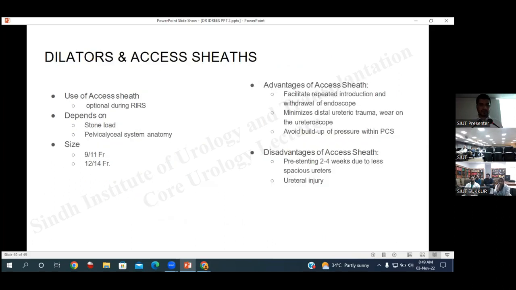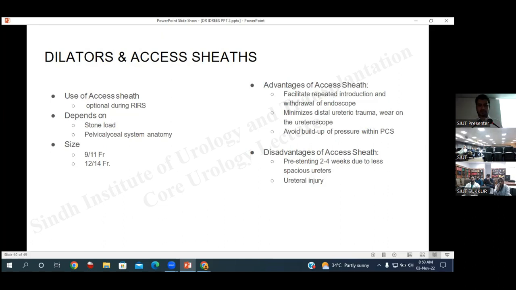Now, dilator and access sheath. Use of an access sheath is optional during RIRS. It depends upon the stone load and pelvicalyceal system anatomy. The sizes are 9/11 FR and 12/14 FR.